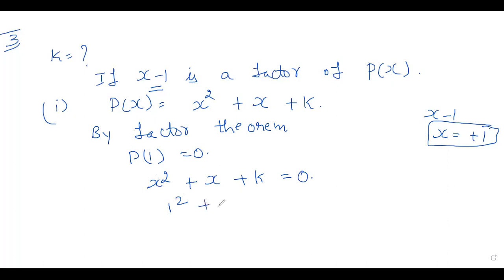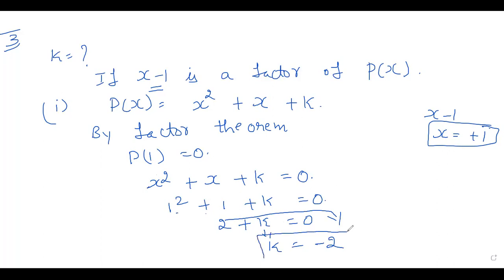So 1 square. I have substituted the value of 1 here, children. So 1 plus 1 is 2. That is equal to 0. Write k as it is on the left. So now I am going to shift this 2 to the right side. So it will become minus 2. This is the value of k.